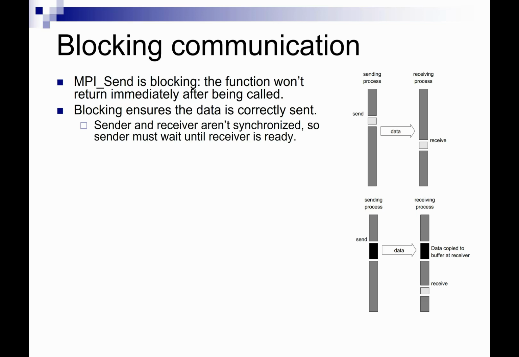If I just mail you a letter and I don't care where you are, maybe you're on vacation or something, then that letter can get lost. So I need to make sure that you're ready to receive that message before I can finish my function call.